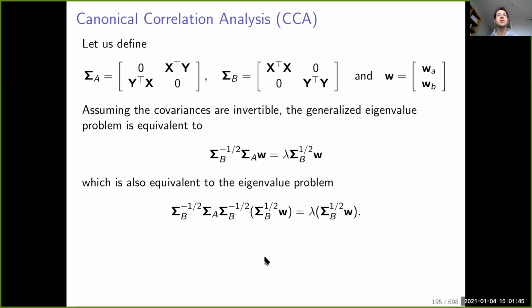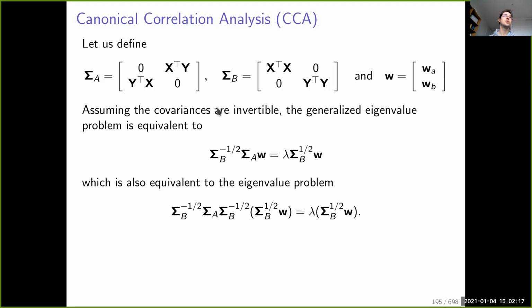But we can work a bit more and reduce it explicitly to an eigenvalue problem that you already know. For example, call sigma A this matrix that contains the cross inner products between X and Y. Sigma B you call the correlation matrix that contains X transpose X and Y transpose Y, and W is the vector that concatenates WA and WB.